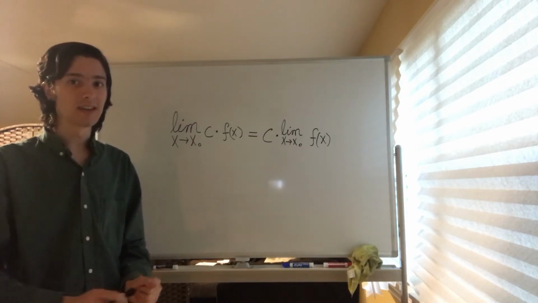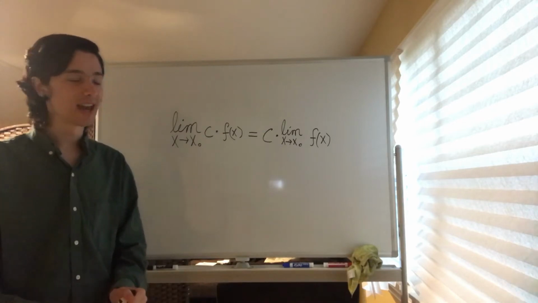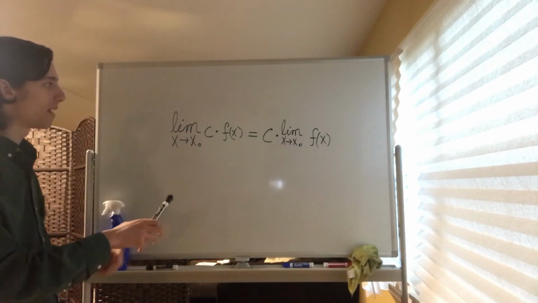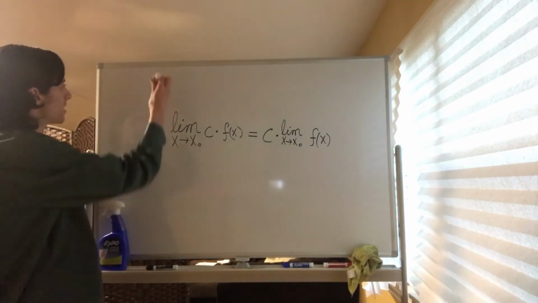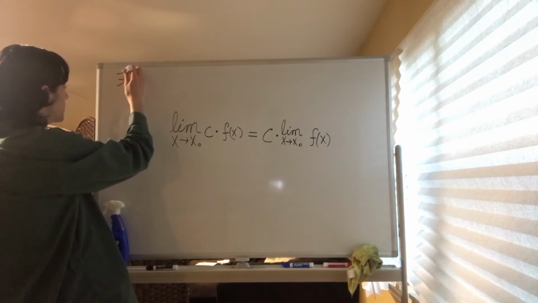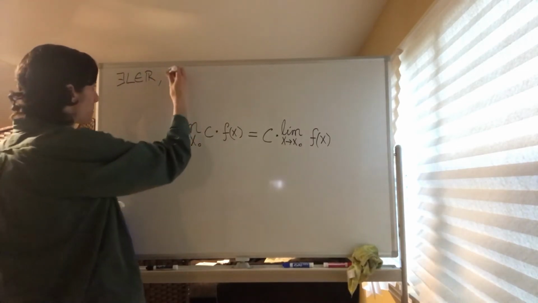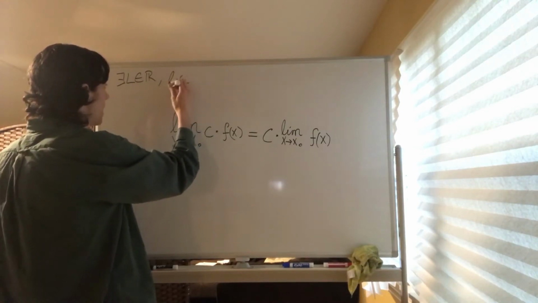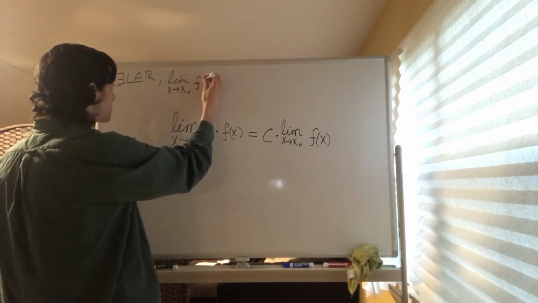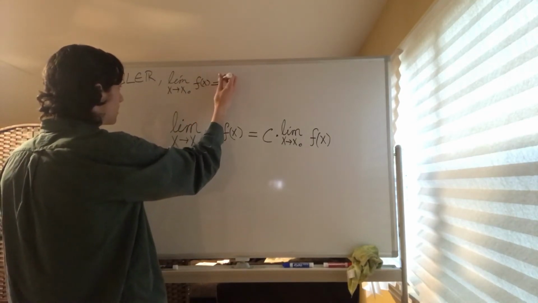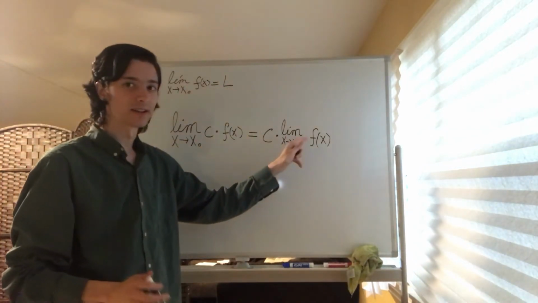Now the second thing is that in order to prove this, we actually have to make an assumption about our limit. So we can say there exists an L in the real numbers such that the limit as x approaches x naught of f of x is equal to L. This is just saying that this limit exists.